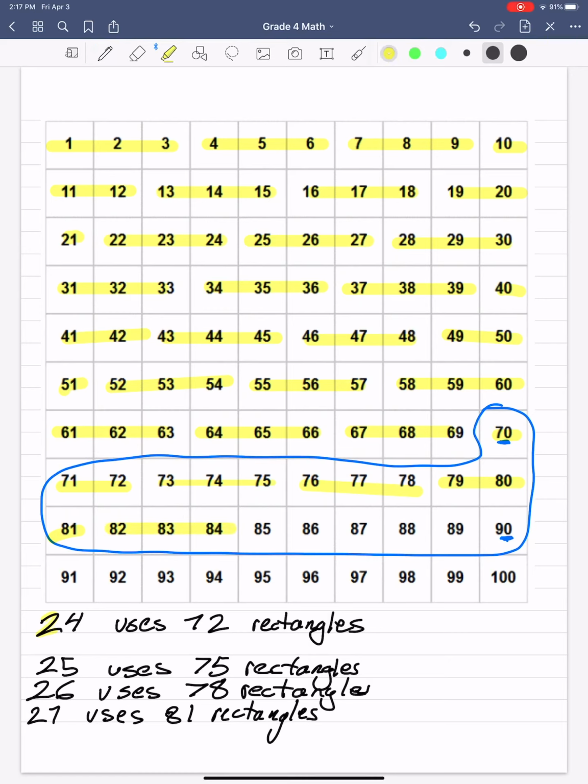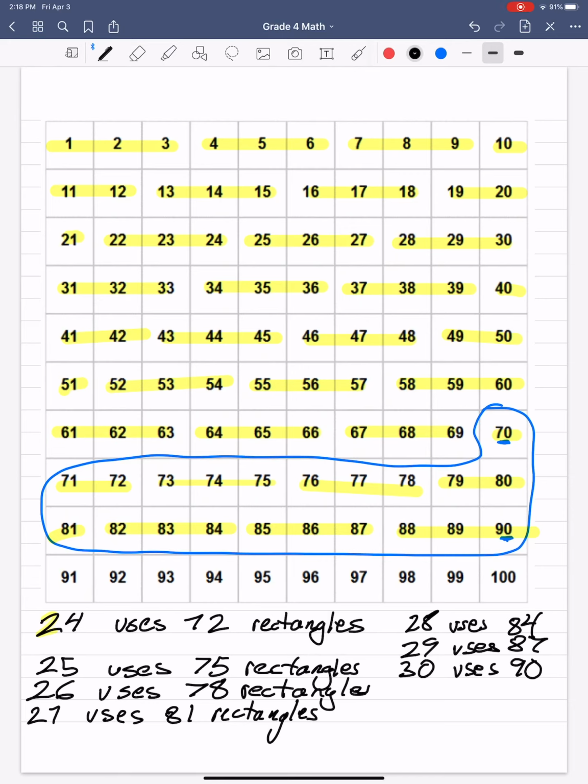Counting off another 3 rectangles. So now I have 28, which uses 84 rectangles. Counting 3 more, I have 29 kaleidoscopes, which uses 87 rectangles. And finally, 3 more. And it brings us right to 90. So if I have 30 kaleidoscopes, I'm going to use 90 rectangles.